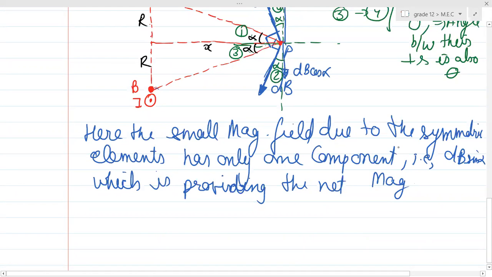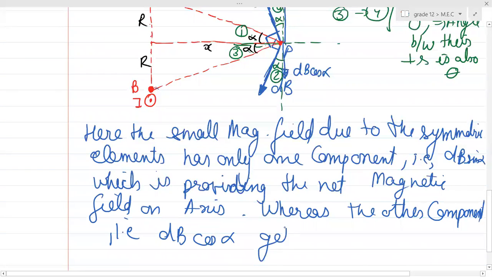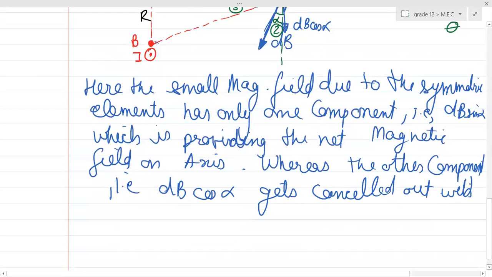Here the small magnetic field due to the solid has only one component, that is dB sin alpha, which is providing the net magnetic field on axis, whereas the other component, that is dB cos alpha, gets cancelled out with its symmetric element. Is it clear, guys?